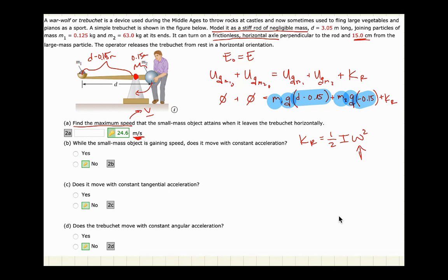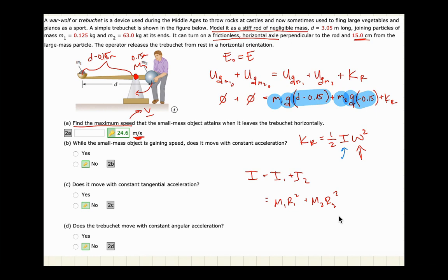So before I can do that, I'll need the rotational inertia of the system. So I'll need to say I equals I1 plus I2. We have two objects here that are both contributing. They're both point masses, so that would be M1 R1 squared plus M2 R2 squared would be my total I. That's not too difficult to substitute in and solve for.